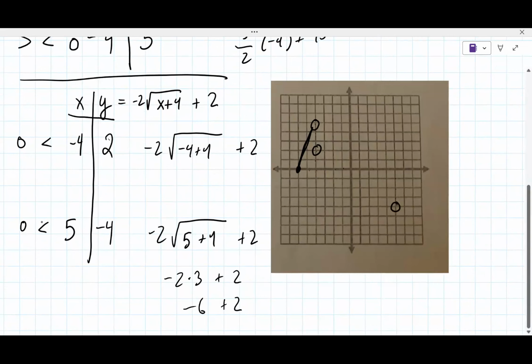Now it's not a straight line. It's kind of got a curve to it because it's a square root. To make sure you show a little curvature for the square root.